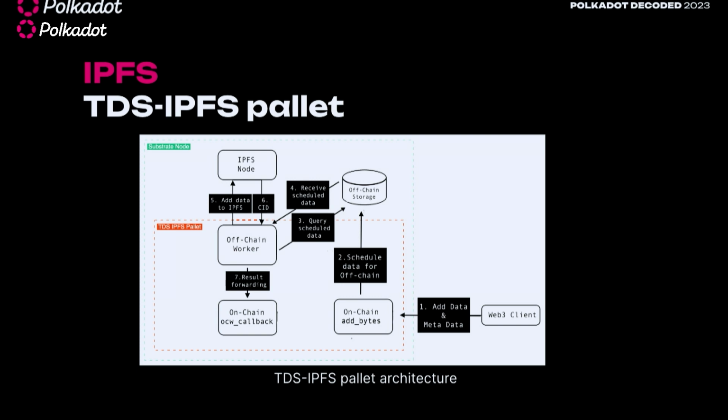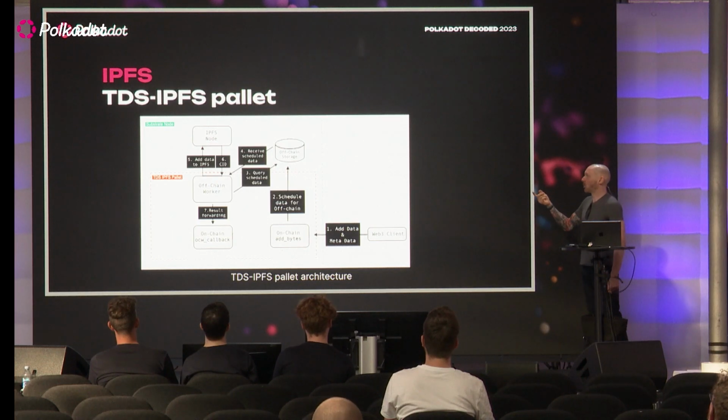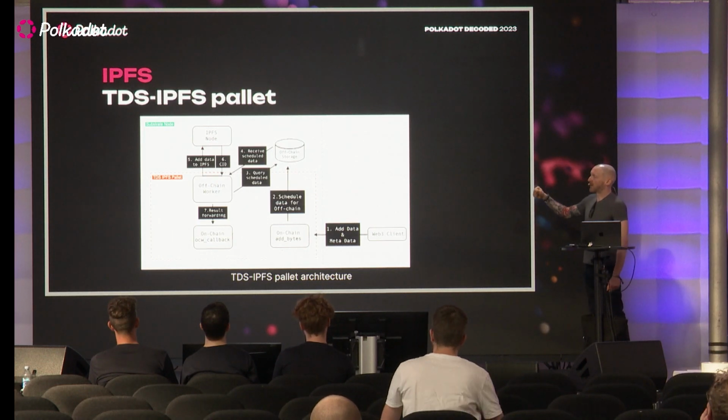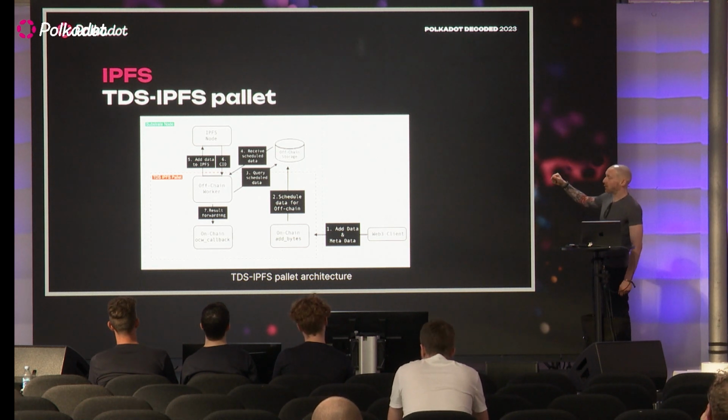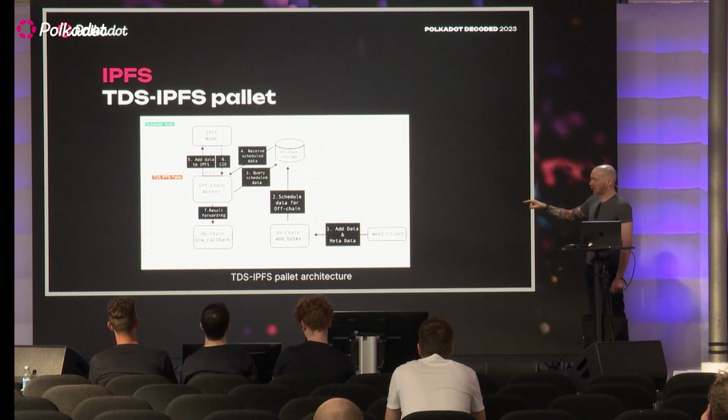Once the off-chain worker is called with the referring block number, we query the off-chain storage and have a look at whether there's data scheduled. If so, we take this data out, analyze the action, which is then add bytes, and perform the action with the IPFS node. If everything works out well, we get a result, which is the CID, and then we go back to the on-chain context by invoking the OCW callback.